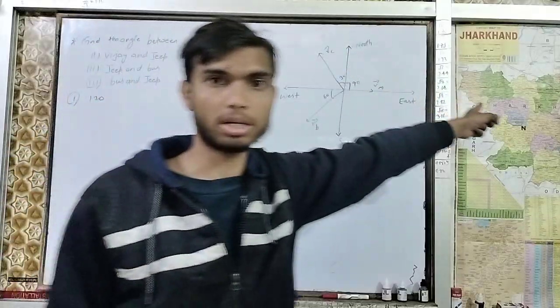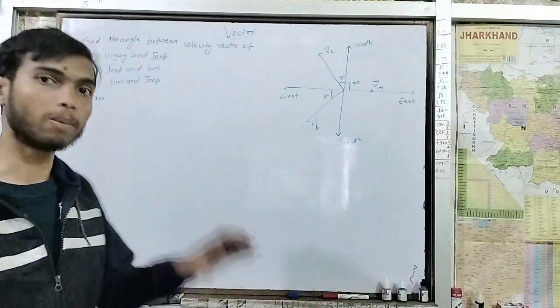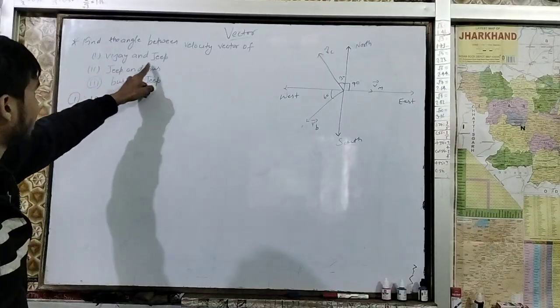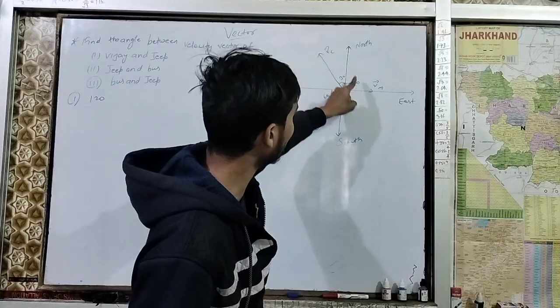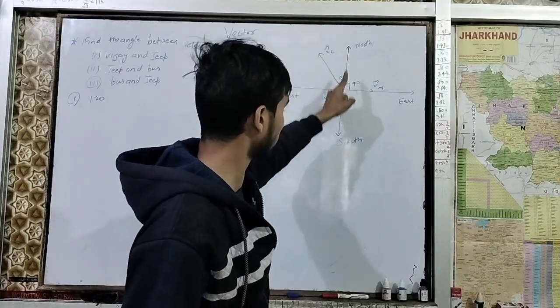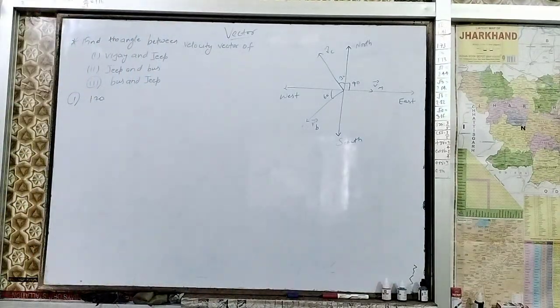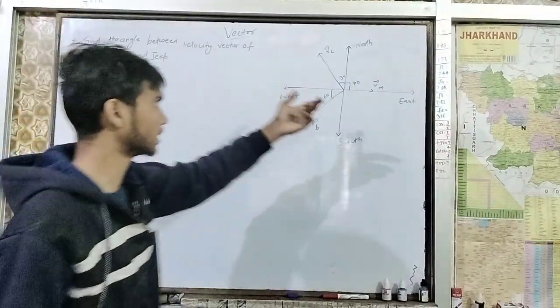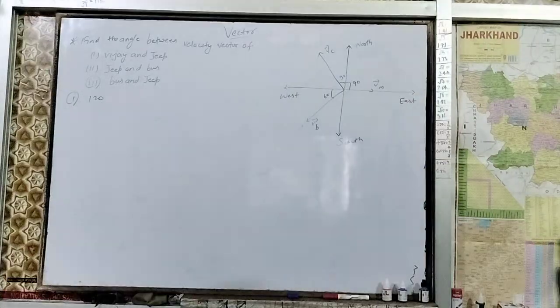Jeep was also traveling with some velocity, and the bus was also going with some velocity, but the main focus is to find the angle between them. Angle between Vijay and Jeep: already we have been given this 30 degree, and we know that north is perpendicular to east, which is 90 degree. So 90 plus 30 is the complete angle between Vijay and Jeep.